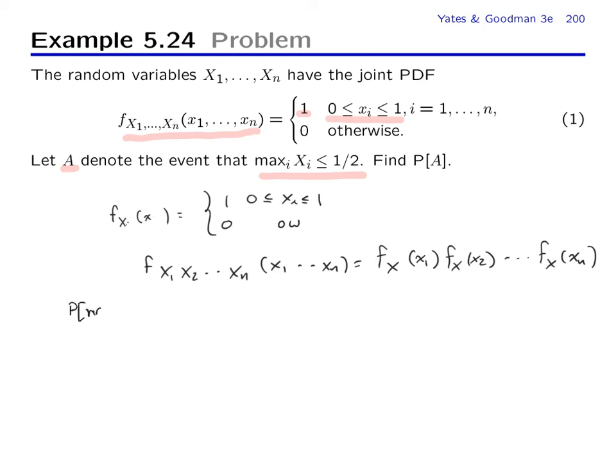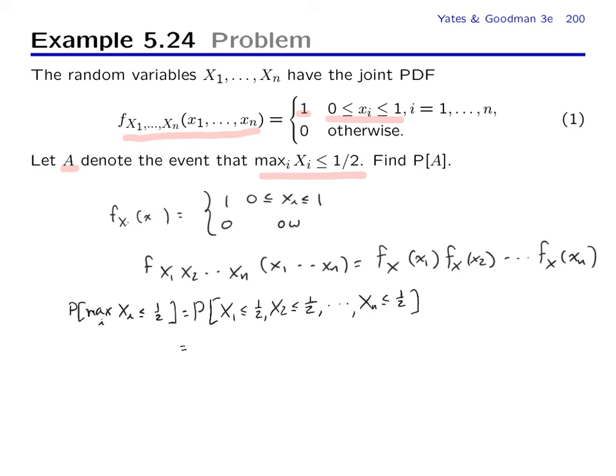The probability that the max over xi is less than or equal to a half is equal to the probability that x1 is less than or equal to a half, and x2 is less than or equal to a half, all the way up to xn is less than or equal to a half.